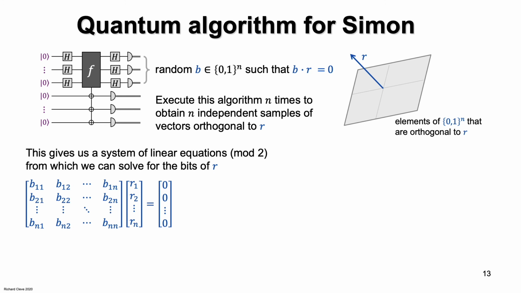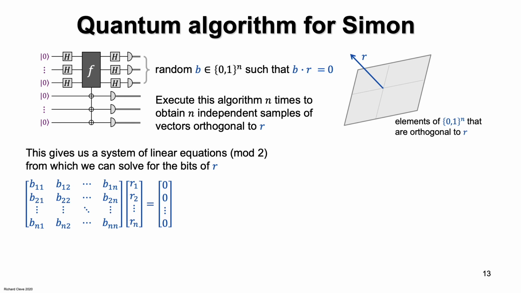We can solve the system using Gaussian elimination to calculate r. For this to work, the matrix of b's should have rank n-1, the maximum rank possible in this context. Then there will be a unique non-zero solution r.